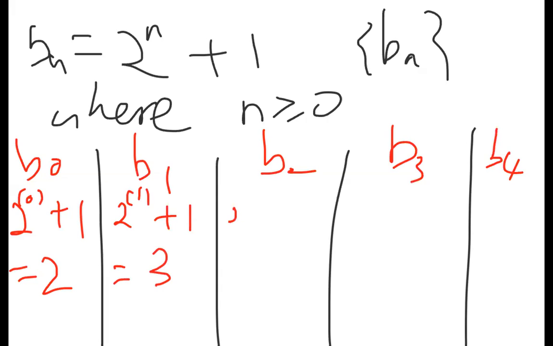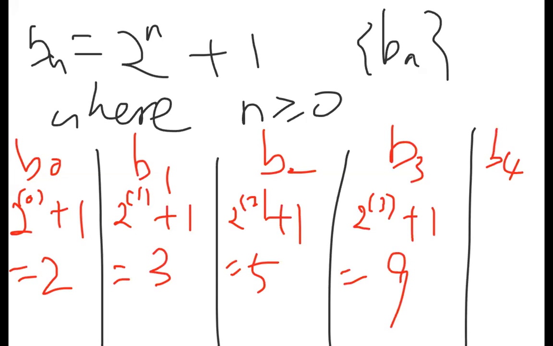The third one, 2 to the second power plus 1 is 5. The fourth one, 2 to the third power, which is 8, plus 1 is 9. The fifth one, 2 to the 4th power, which is 16, plus 1, you get 17.